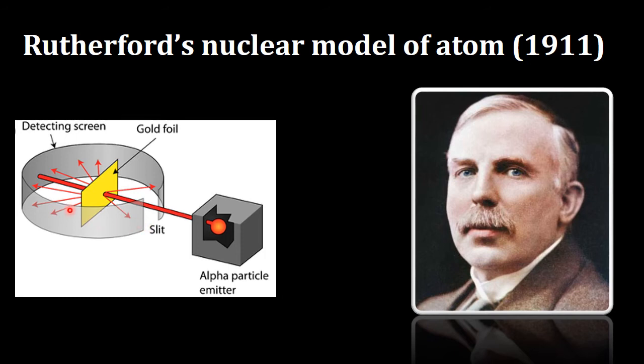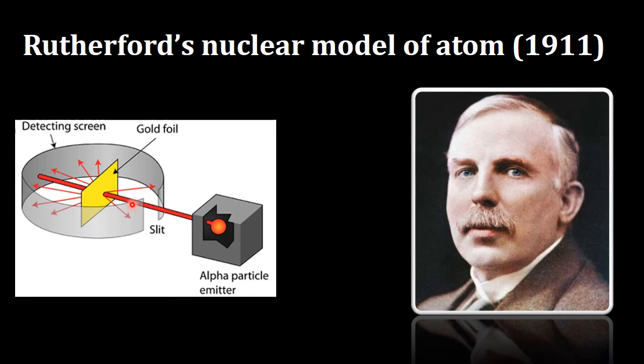The large number of alpha particles that went straight through the foil indicates that there was no obstacle in their path. It meant that there must be mainly empty space between the atoms in the solid gold foil.